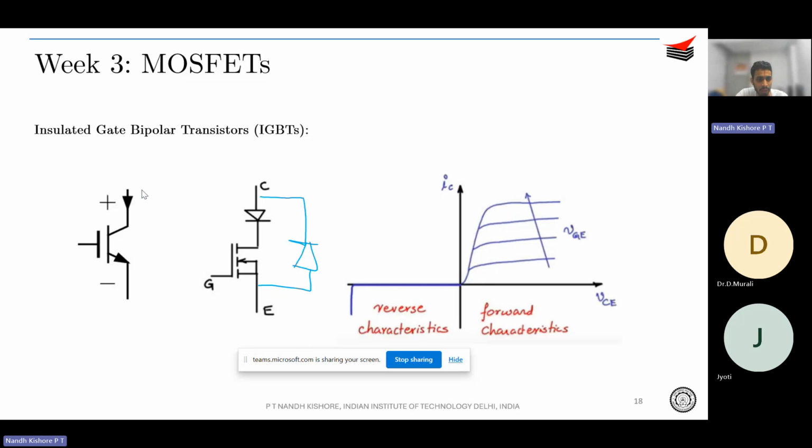So that is where IGBTs come into play. Can you take the advantage of BJT in conduction and the advantage of MOSFET in gate driving? So that is where we get what is known as the insulated gate bipolar transistor.